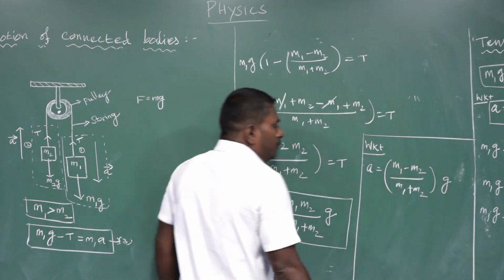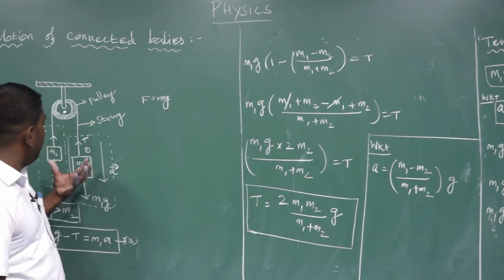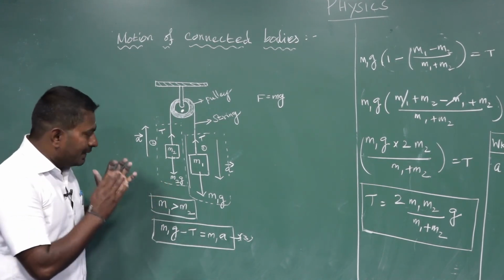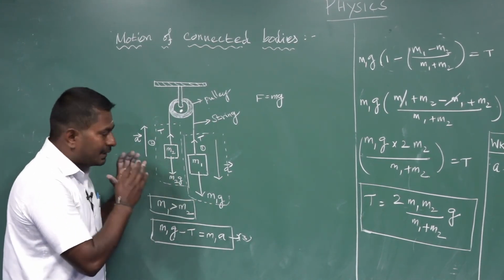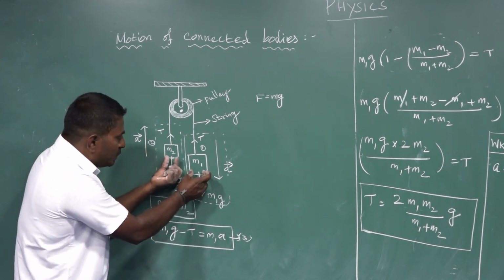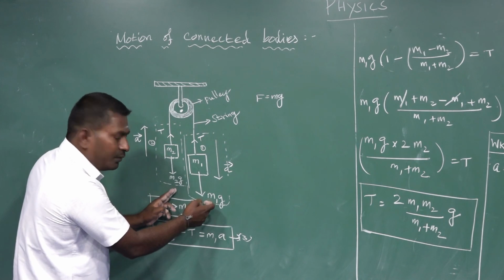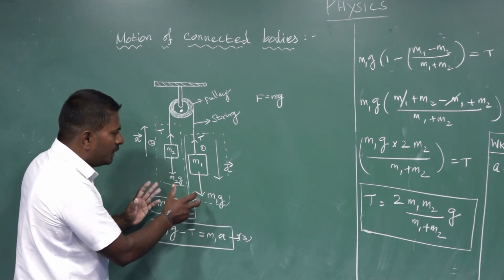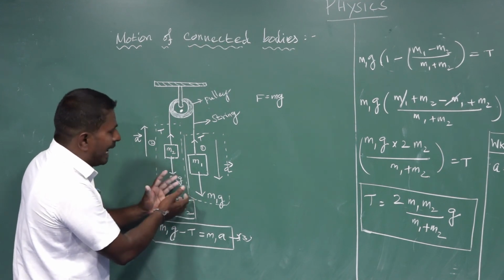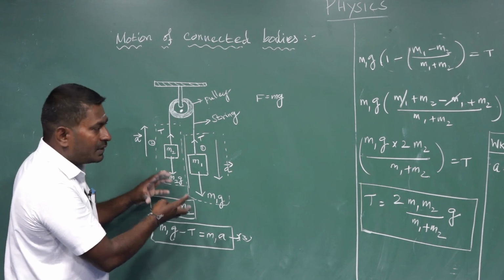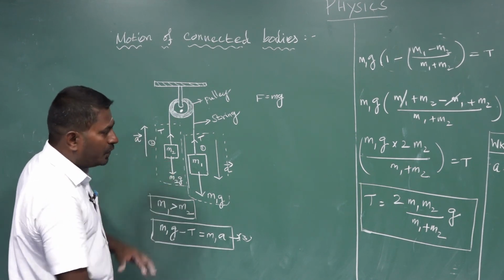That is the magnitude of acceleration experienced by both blocks. But in that case, both blocks have the same mass, meaning both experience the same gravitational force. There is no difference in gravitational force, so the net force acting on the system is 0. Therefore the whole system is at rest.